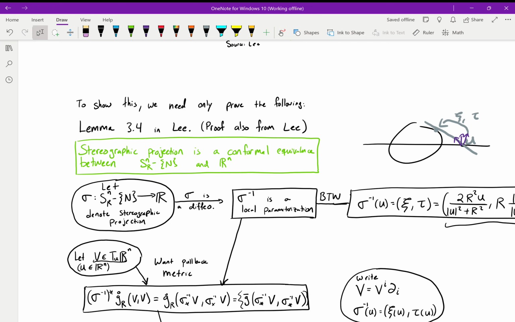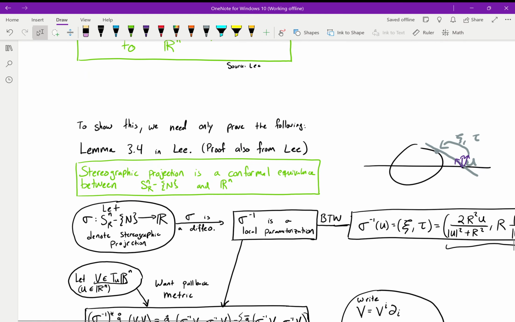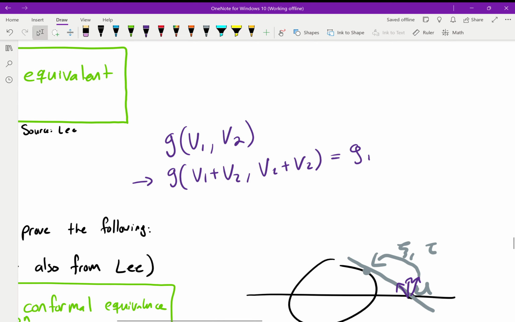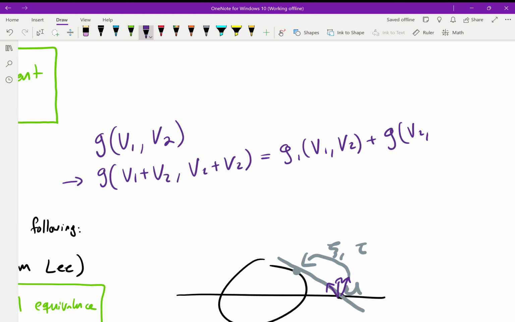Can you write that out? Yeah, exactly. So let's say we had G of V1 plus V2, V1 plus V2.